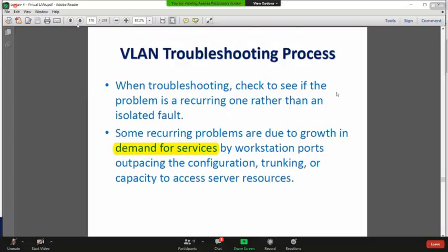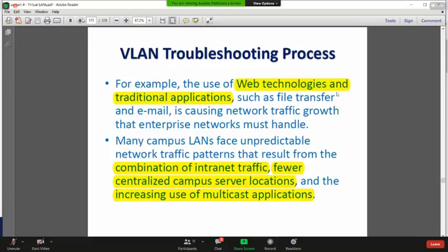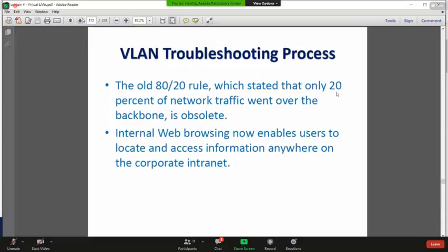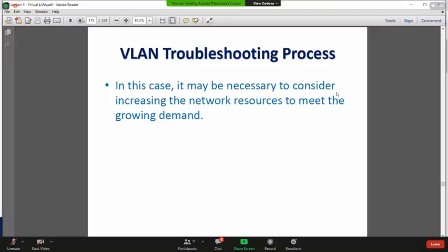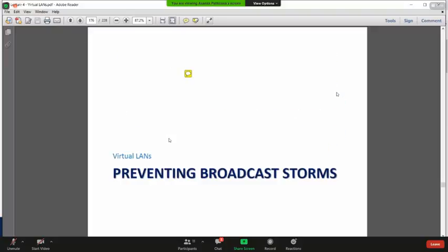Then we'll move forward with the topic that we have to cover today: preventing broadcast storms. So, what is your present understanding about broadcast?